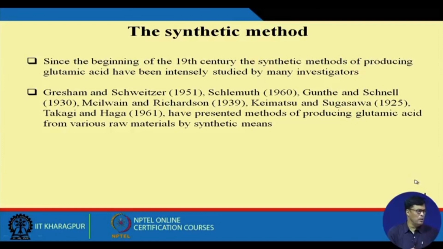I can give you a brief note about the chemical process, the synthetic process used by the industry. Since the beginning of the 19th century, synthetic methods of producing glutamic acid have been intensely studied by many investigators like Gresham, Selemoth and Gunthi.